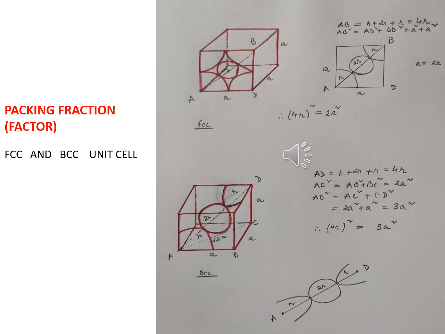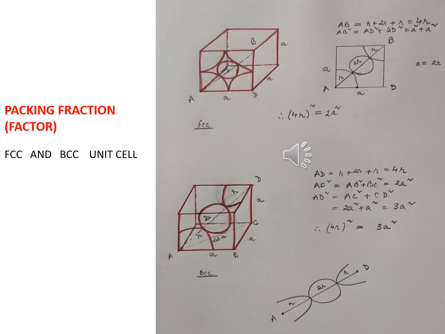In case of FCC structure, look at the arrangement of the atoms. If you look at the diagonal of the front surface, that means the line joining the 2 extreme corners A and B, then AB is the total length between these 2 extreme points, and that is numerically equal to 4r. If you look at the diagram, you will see that at the corners there will be 2 atoms, and at the middle there will be 1 atom, right?